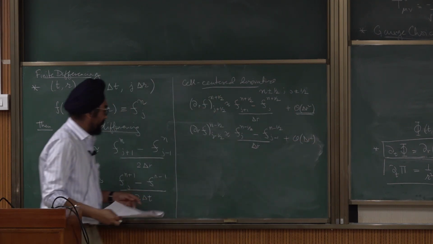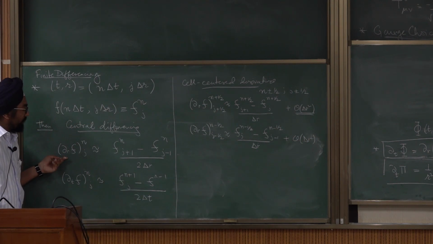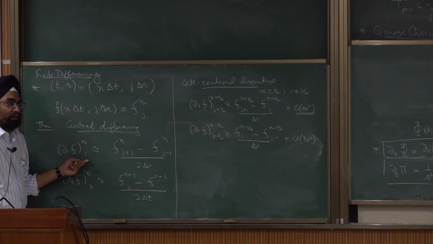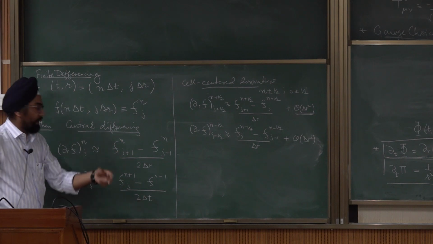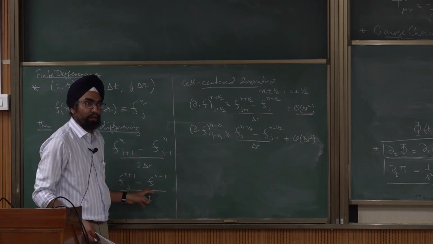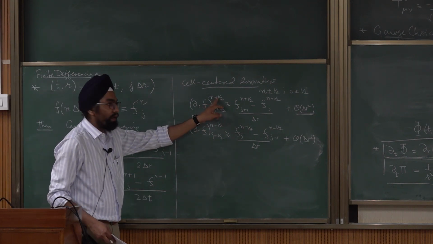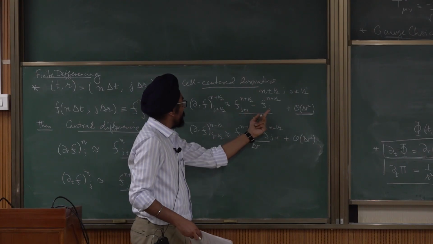Again, we used central differencing, that is, at any point n and j, you use the left value and the right value, j plus 1 and j.